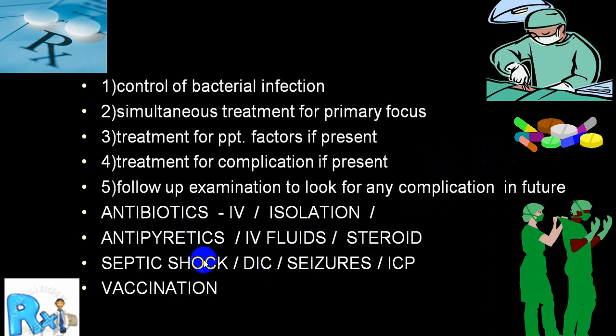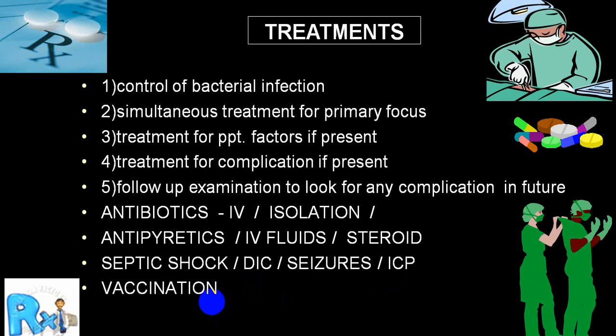If there is septic shock, DIC, seizures, or raised intracranial pressure, they should be treated. And prophylactically, vaccine can be given to children who are highly prone to develop bacterial infections and may be prone to get even pyogenic meningitis. You can give prophylactic vaccines during epidemics.